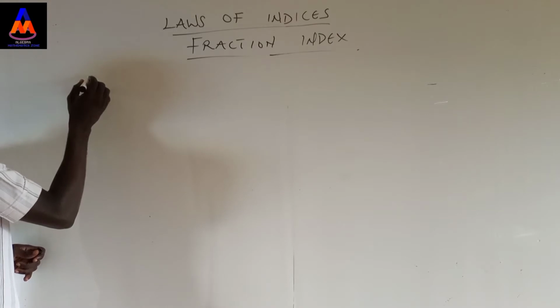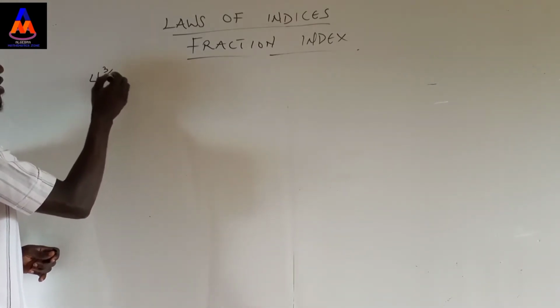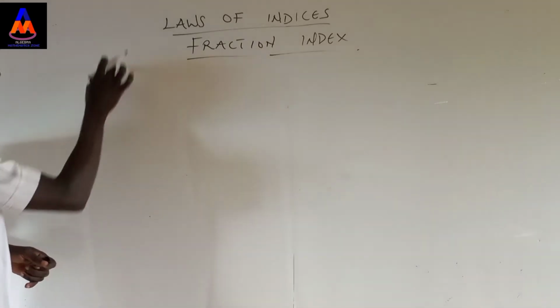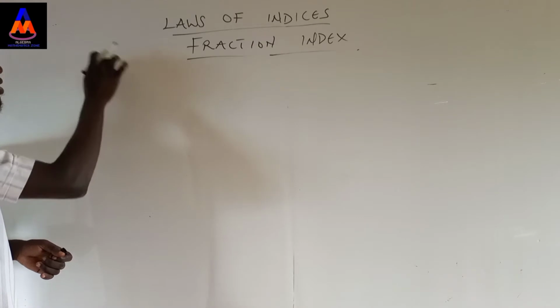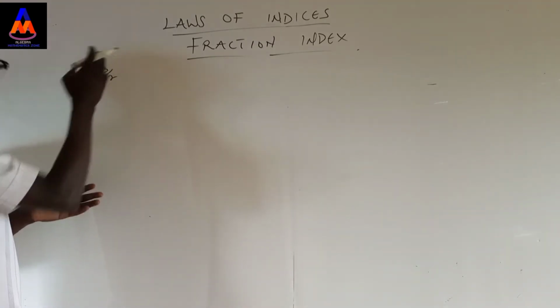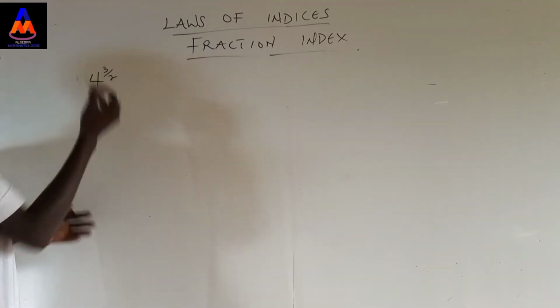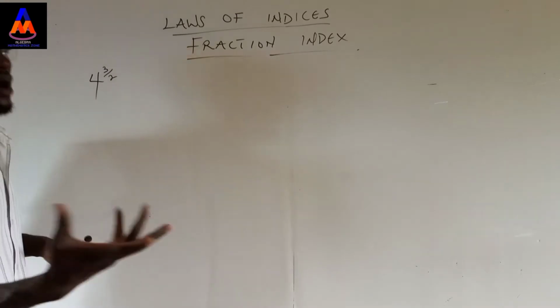So let's assume that we have something like this. We can have 4 raised to power 3 over 2, for instance. Look at this one at the top. This one at the top is 3 over 2. It's like we are dealing with a fraction, but the numerator is not 1. And when it is 1, then we are dealing with a root power.